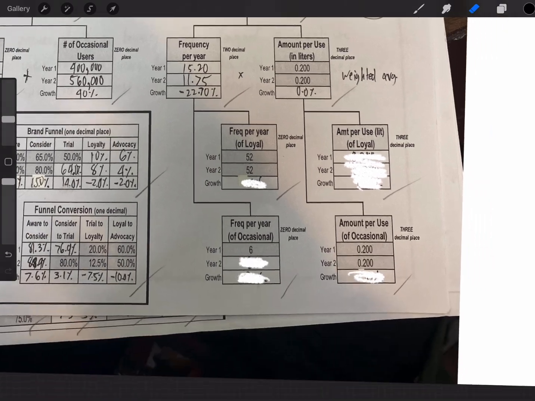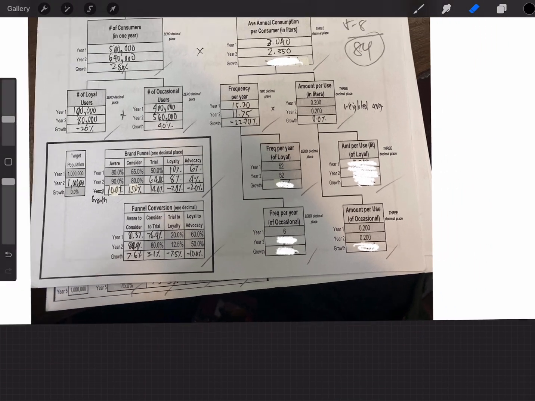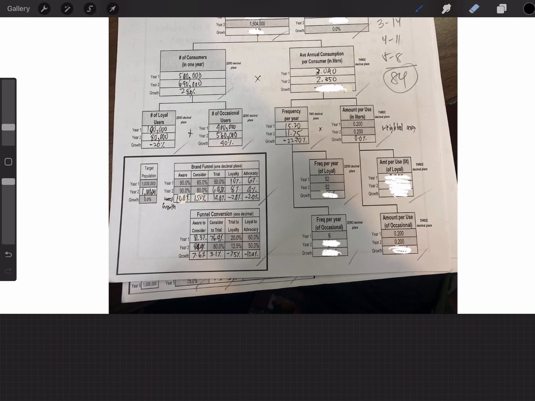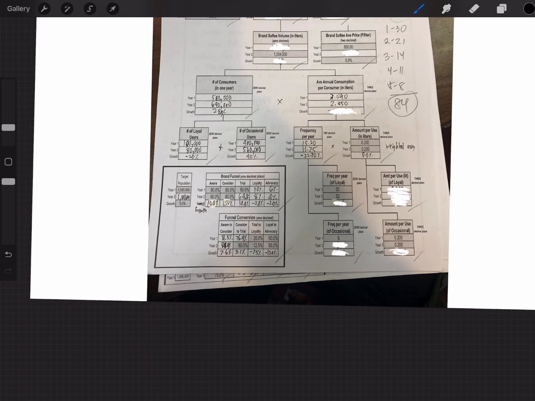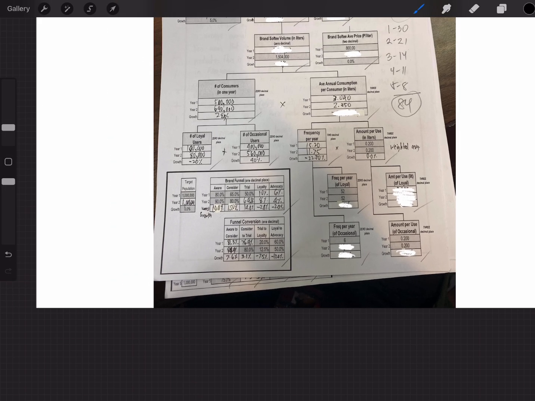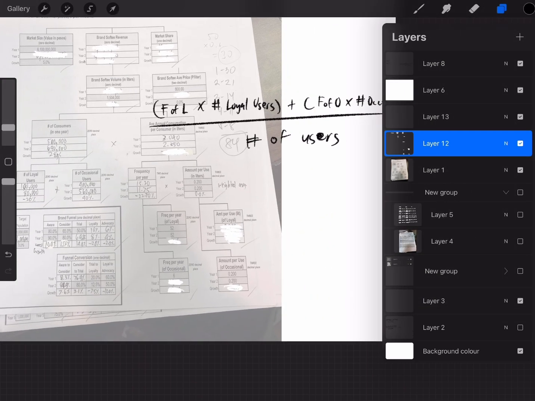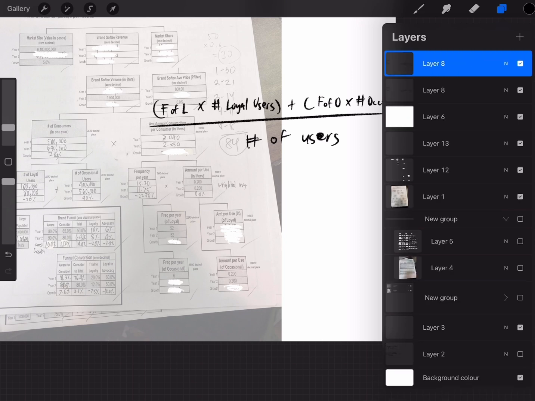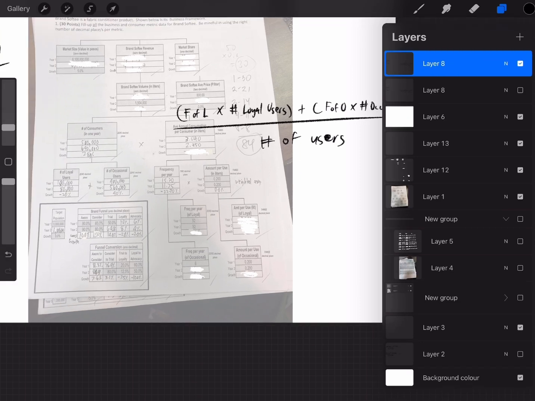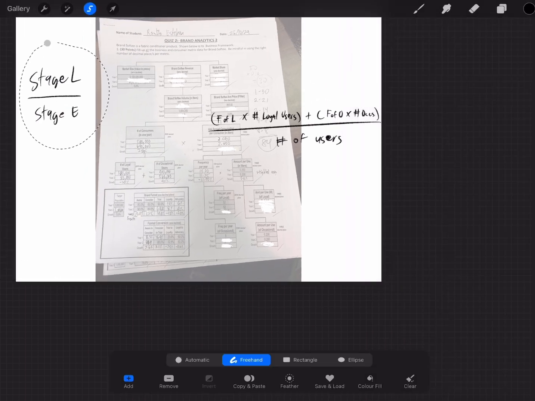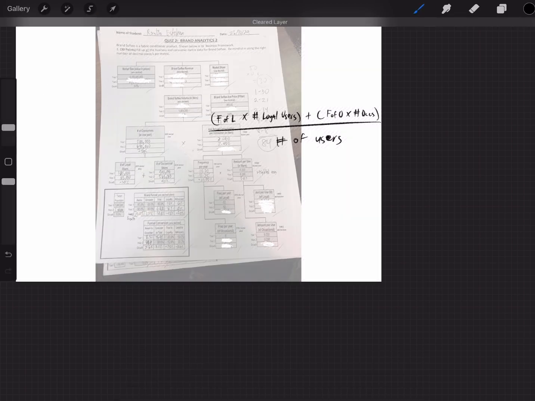But how do we solve for frequency per year of occasional? That's where it's a little bit difficult. We're going to use this formula, and we're going to work backwards, in the sense that this time around we plug in the values.